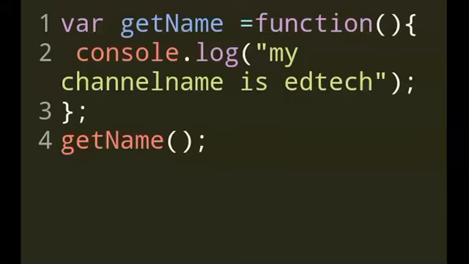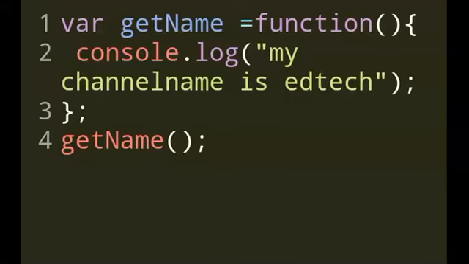So let's consider this given function. Here you will find we have a variable, getName, and it is assigned to this function which is anonymous. Why?